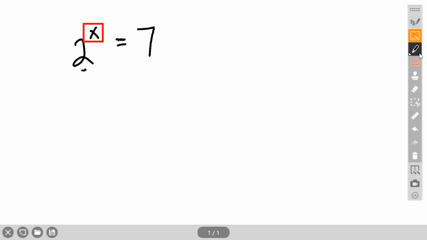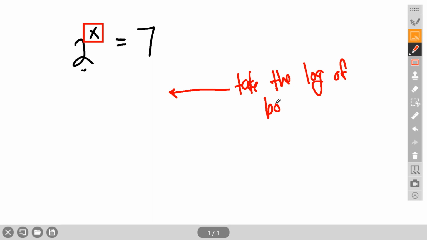So to get rid of this 2, we are going to take a log on both sides. Not just any log, but the log that matches what we want to get rid of. So we want to get rid of this base 2, so on both sides, we're going to take the log base 2.